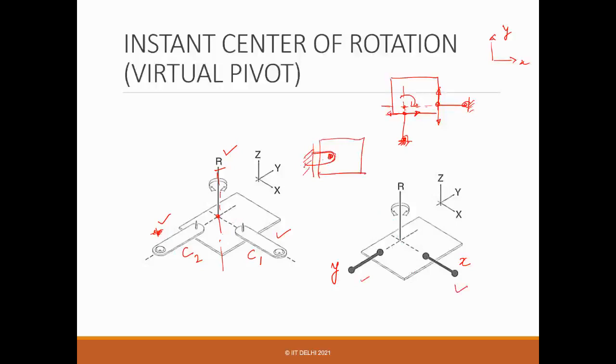But now you realize that it's possible by doing this also. Suppose you want to define a point of rotation here. You can provide a pin here, a pin here, and still have a rotation at this point without having any real joint there. That's why it's called a virtual point.